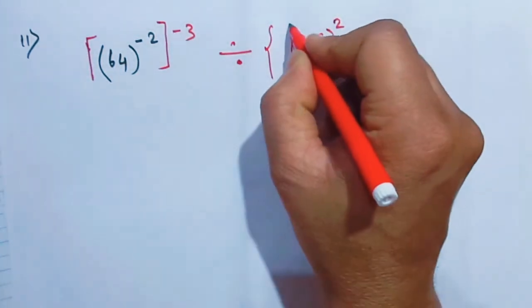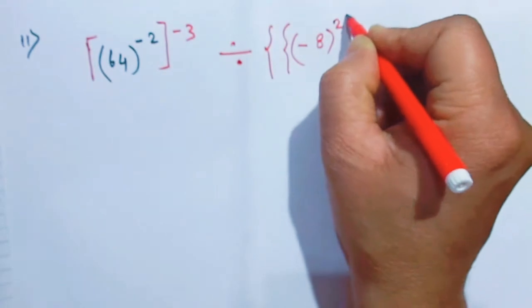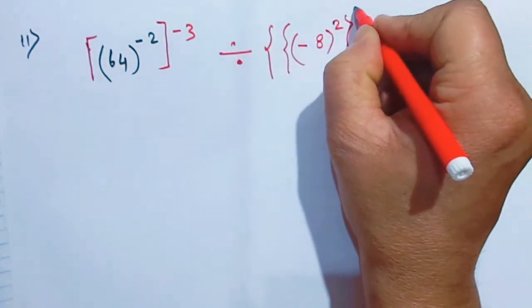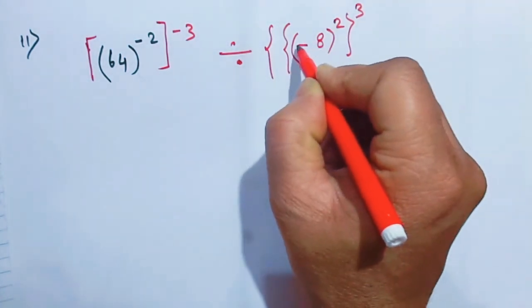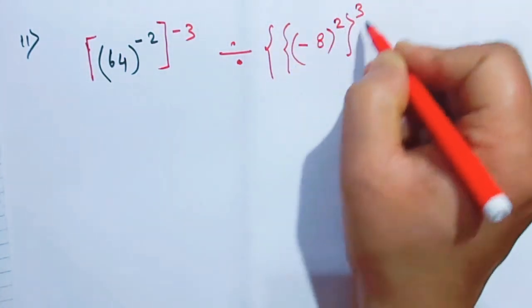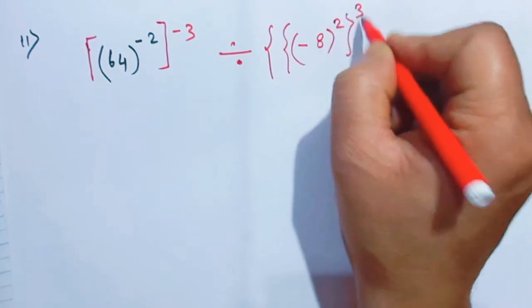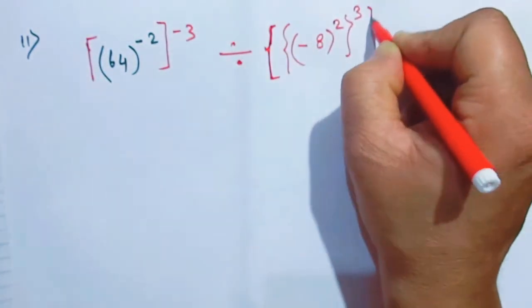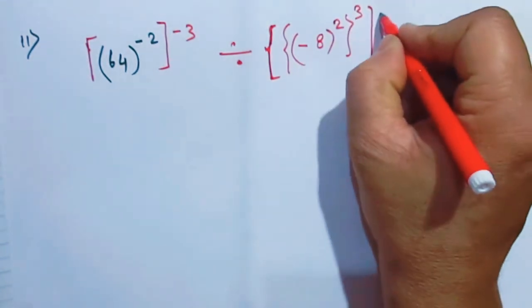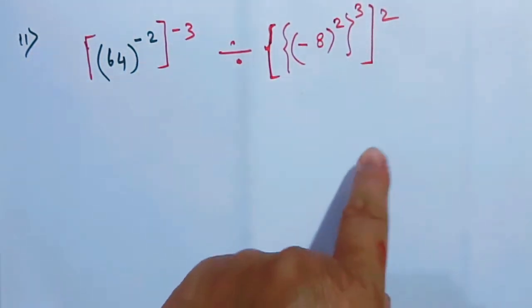Then we have minus 8 to the power 2 whole to the power 3, and then minus 8 square whole to the power 3 is again raised to a power 2. What did I teach you right now?